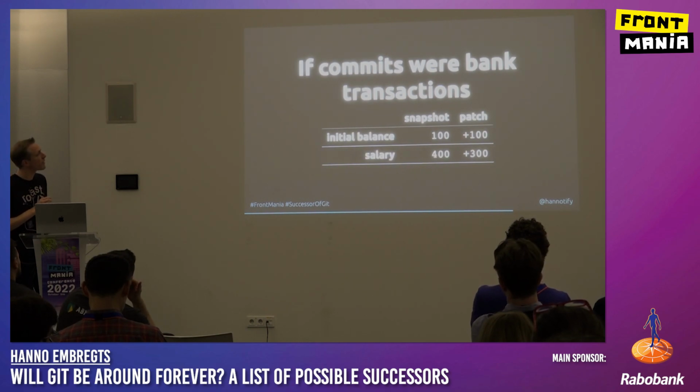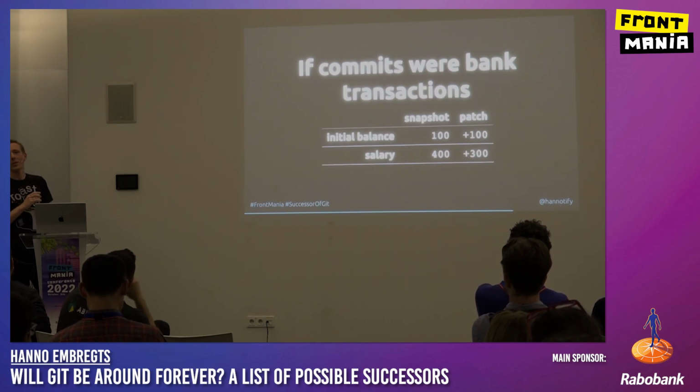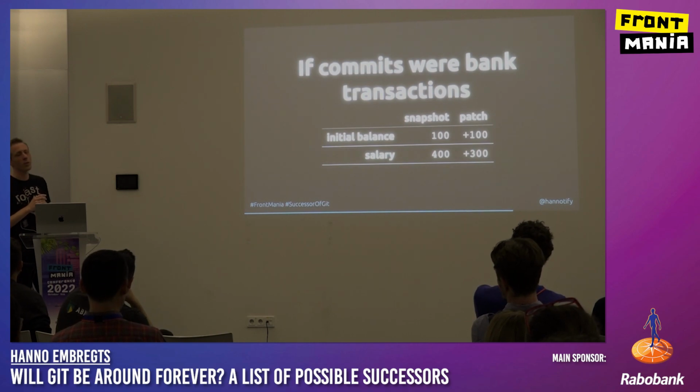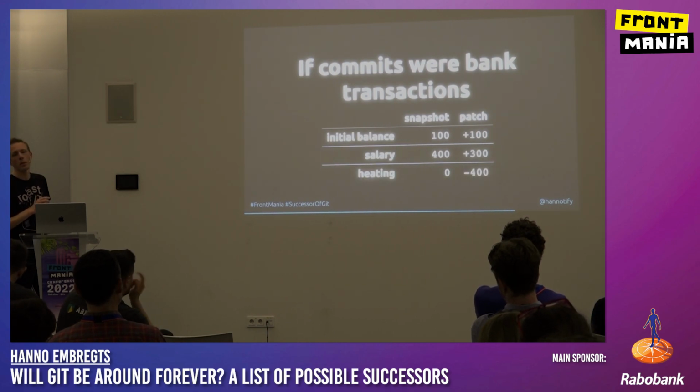Then I get paid, not much, but I get by, right? Git stores 400 when I get paid 300. Pijul stores, you have added 300 to your balance. I'm not sure what the end result is, but we'll get to it later. Then I'm going to pay my heating bill, which is a massive amount of money these days.